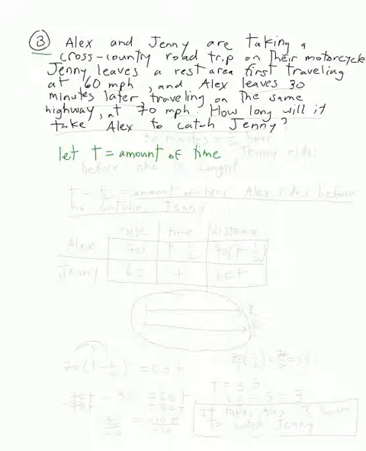But let me go ahead and read the problem. It says Alex leaves 30 minutes later than Jenny. Alex leaves 30 minutes later than Jenny. So why don't we let t equal the amount of time that Jenny rides?